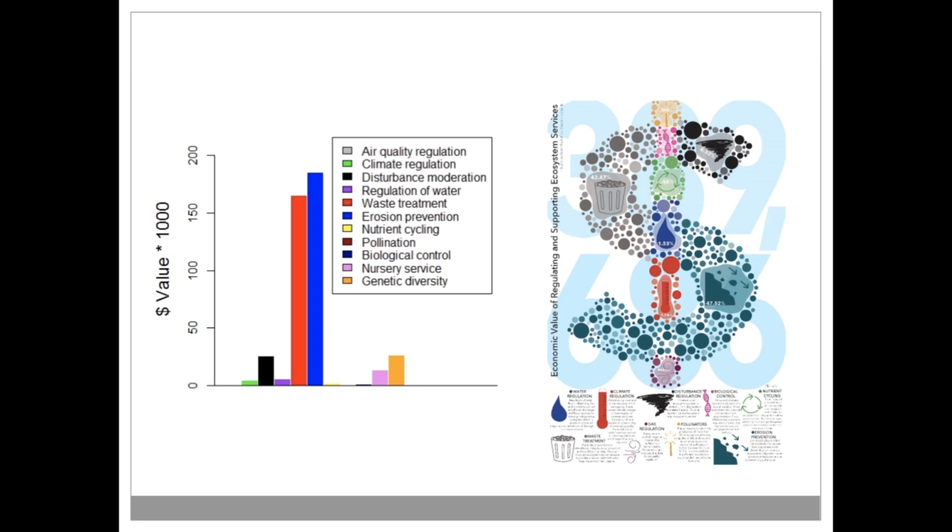I like to point out, pollination is in the maroon, but as compared to some of these other supporting and regulating services, despite all the press it gets, it's one of the less economically valuable services. That doesn't say it's not important, but what I want to highlight here is the relative importance of erosion prevention and how economically important that is.